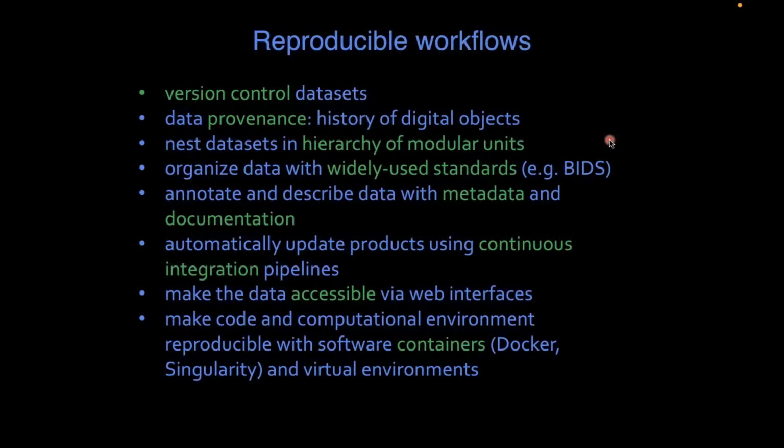For reproducing workflows, in software development many things are used that can be reused in science. For example, version control. So you all probably know GitHub and Git, where teams can develop code together, and you explicitly see what was changed at which time by which person.